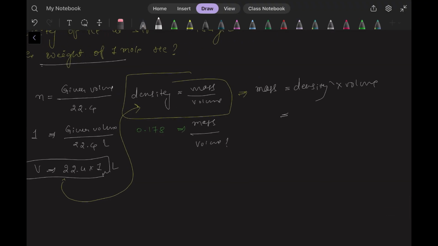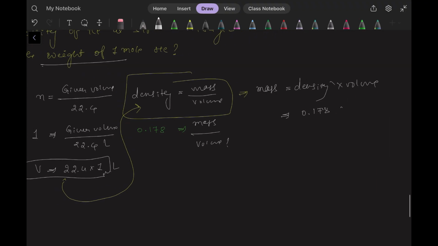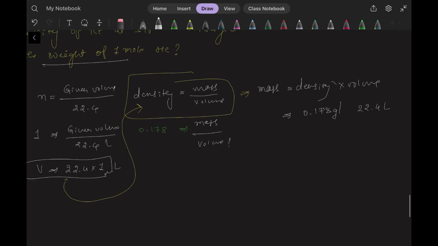So density, how much? 0.178 into volume, which we now got as 22.4 liter. Here density is in terms of gram per liter. Per liter, liter gets cancelled, you are left with 0.178 gram into 22.4. Here we got mass.